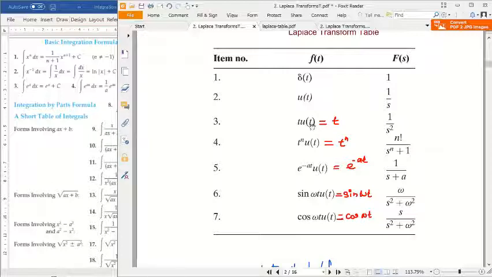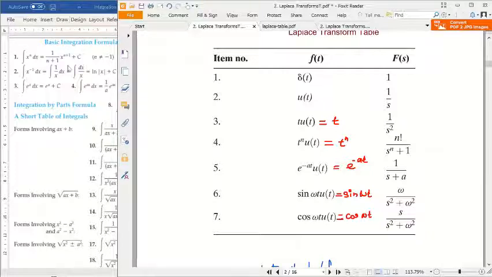So even if I write t, that means t multiplied by u(t). Similarly for all of these, for example, cos omega t multiplied by u(t). Actually it is cos omega t only, because multiplying by u(t) just indicates that we want to disregard the value before 0. So cos omega t will be equal to this: s divided by s squared plus omega squared.